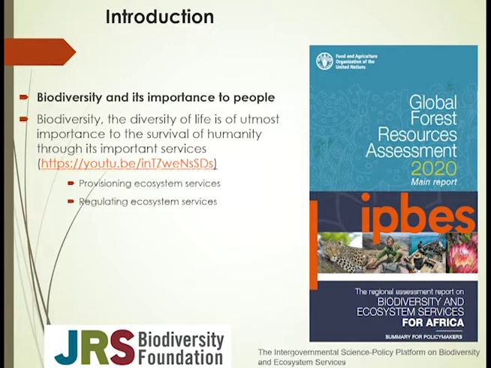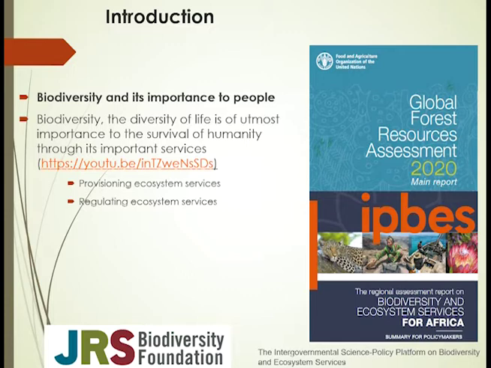From the recent report on global forest resources of FAO, and also from the regional assessment report on biodiversity and ecosystem services for Africa elaborated by the Intergovernmental Science-Policy Platform on Biodiversity and Ecosystem Services, IPBES, biodiversity provides important services to people.